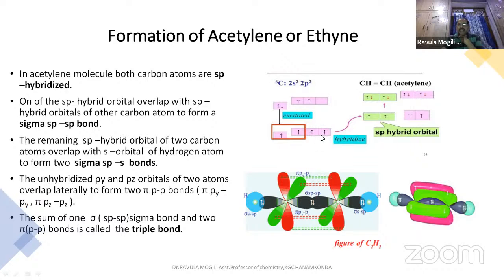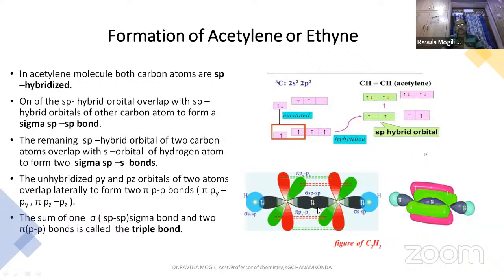And the remaining 2 p orbitals of the 2 carbon atoms: here py and py overlap to form a pi bond, that is pi py-py. Here, one more orbital, the pz orbital and pz orbital, are perpendicular to the x-axis, so they also form a pi bond, that is pi pz-pz.